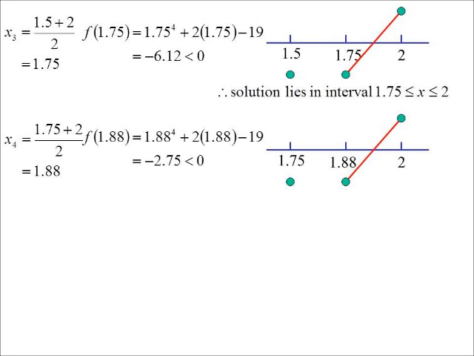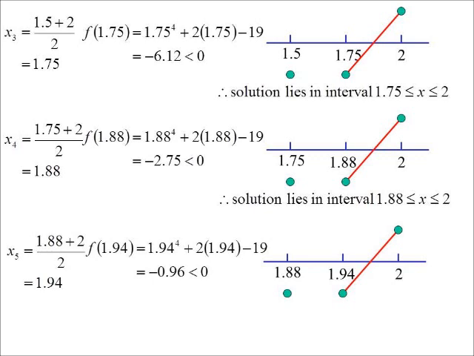Now, how many decimal places do we want the accuracy on this? Okay, so basically I want to keep doing this until I get the same answer to 2 decimal places. So 1.88, no. That's negative 2.75. But now I know it's in between 1.88 and 2.